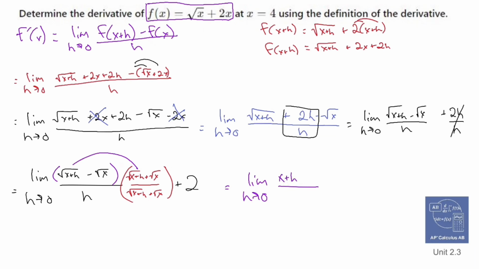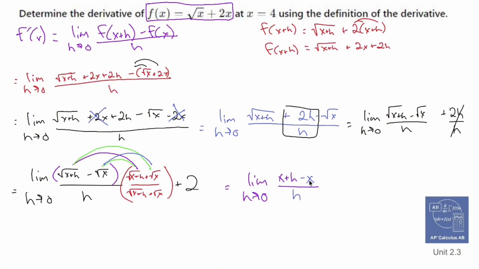Then you multiply these guys together, and I'm just going to be a little lazy with my words. This times that minus that times this means you're multiplying the same exact things together and then they're going to disappear. That's the point of this. The middle guys are going to disappear. So if you're FOILing this out, the O and the I go away. They cancel each other out. And then you have negative, or minus rather, root x times positive root x, which is just minus x, all over h.